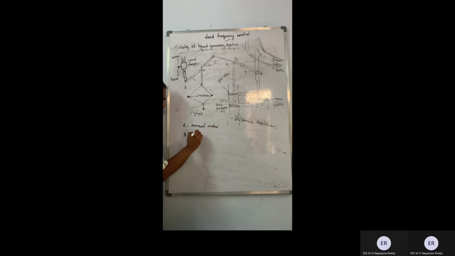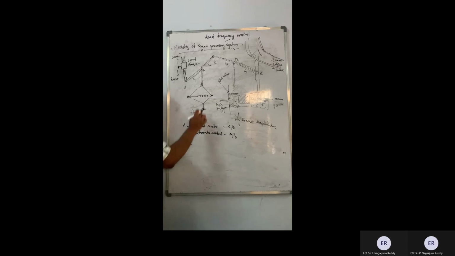Point B is automatic control. How? Because of change in power demand. This is power command, this is power demand, PC and PD. Because of these two things, this is a manual control, this is an automatic control.